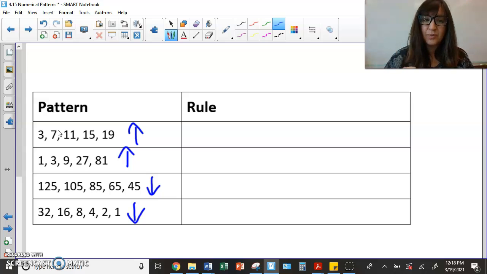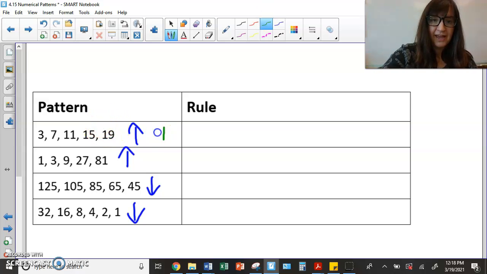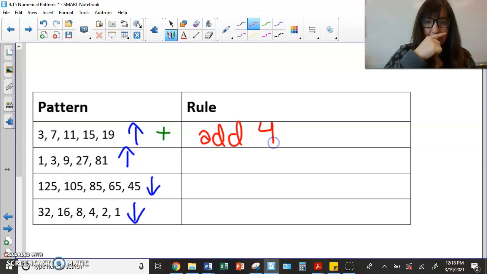I can. Let me check it one more time. 11, 12, 13, 14, 15. It appears like each time I take the previous number and I add 4 to it, I get the next number in the pattern. So that means that my pattern is probably adding, okay? So my rule for this pattern is add 4.